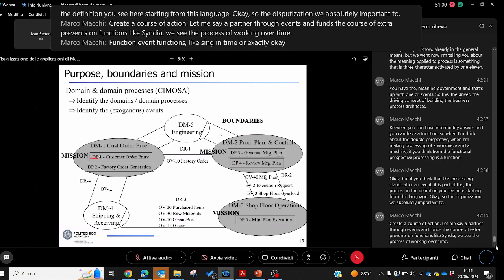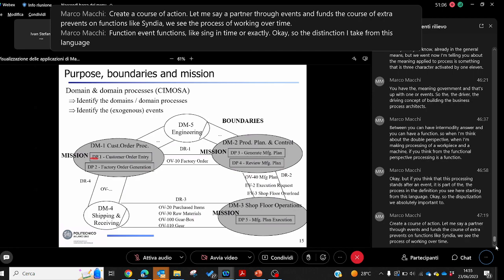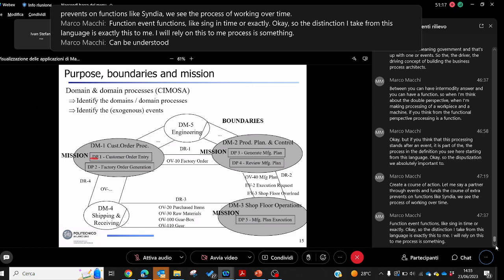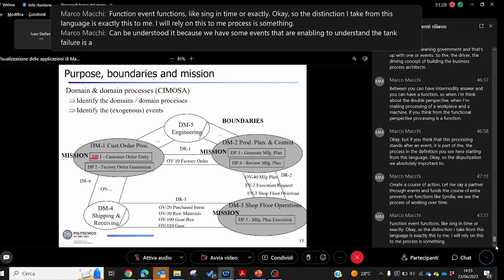So the distinction I take from this language is exactly this. To me, process is something that can be understood because we have some events that enable us to understand the timing, the fact that it's evolving with time. Do you have any question?